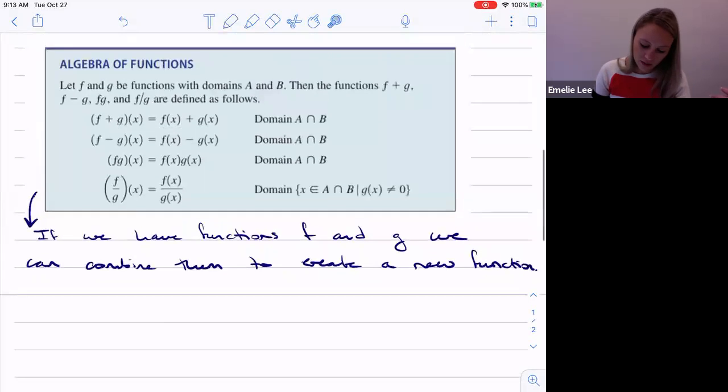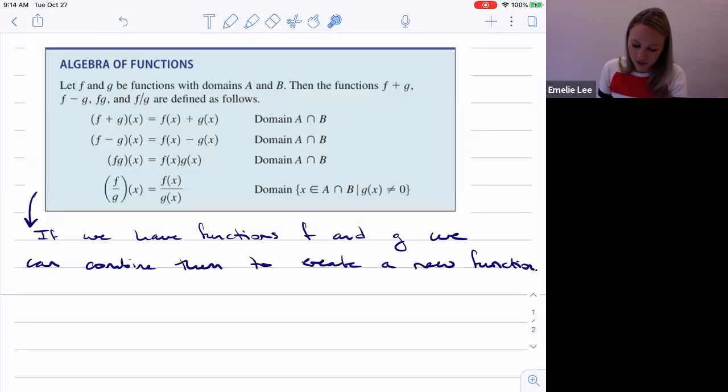So what these things look like, right? So f and g are functions, and f has a domain of A, and g has domain B. So then we can find functions f plus g, f minus g, f times g, and f over g. And how they're defined is just exactly what you probably would want to do.